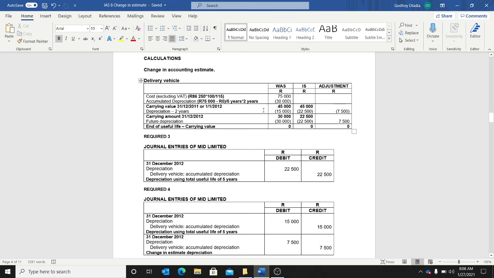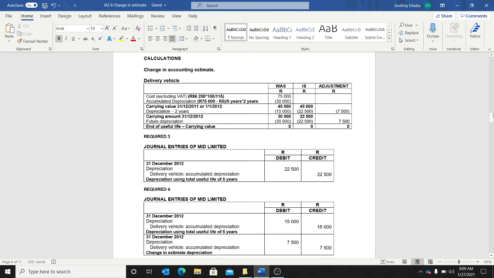Right. Then in future, your depreciation will decrease by 7.5 because in terms of the new information, your depreciation is 22.5. But if you didn't have this change, you were going to sit at 30. So in this one, in future, you'll have a saving, meaning your depreciation will decrease by 7.5. Right.